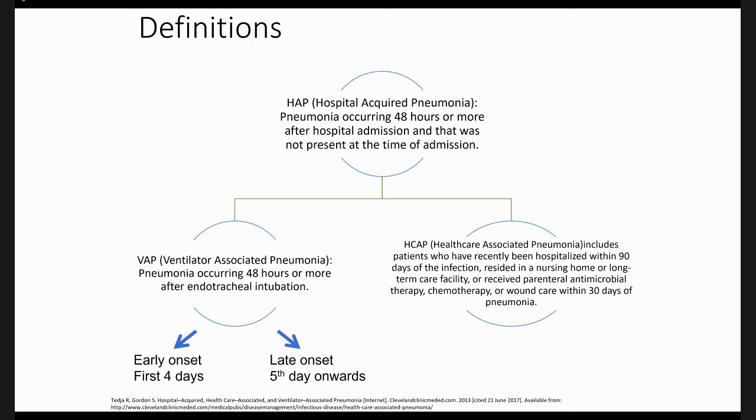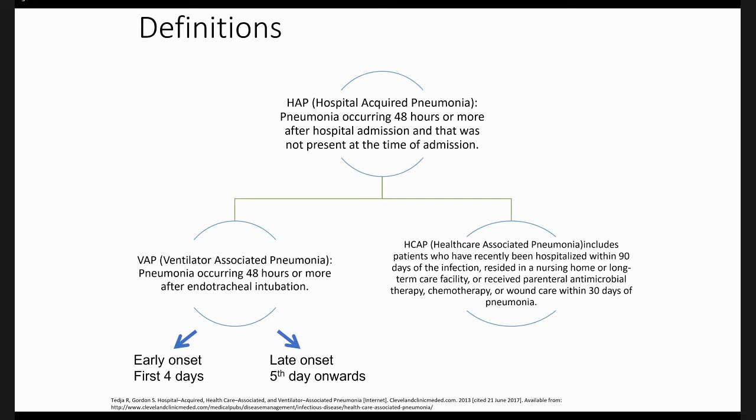VAP, ventilator-associated pneumonia, is pneumonia occurring 48 hours or more after endotracheal intubation. This is further divided into early onset and late onset. The first 4 days is early onset, and from the 5th day onwards is late onset.